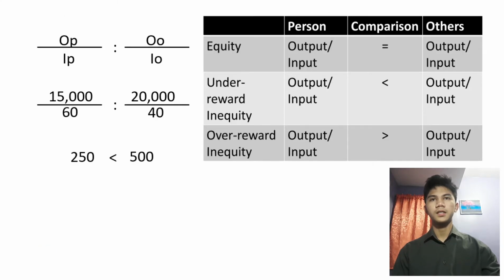Computation: OP equals 15,000, IP equals 60, OO equals 20K, and IO equals 40. 15,000 over 60 is equal to 250, while 20,000 over 40 is equal to 500. 250 is less than 500. As you can see on the table, if the person's ratio is less compared to the other, then it is called under-reward inequity. If it's greater, then over-reward inequity, and if it's the same, then it is simply equity.